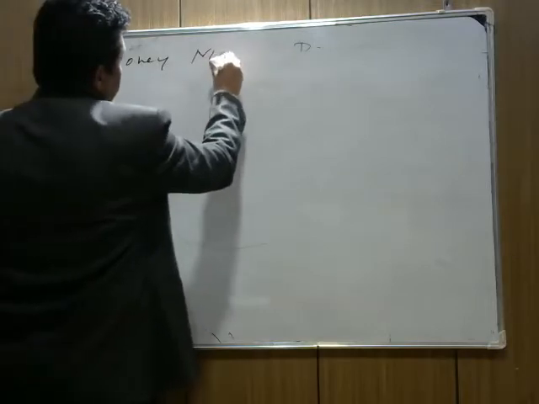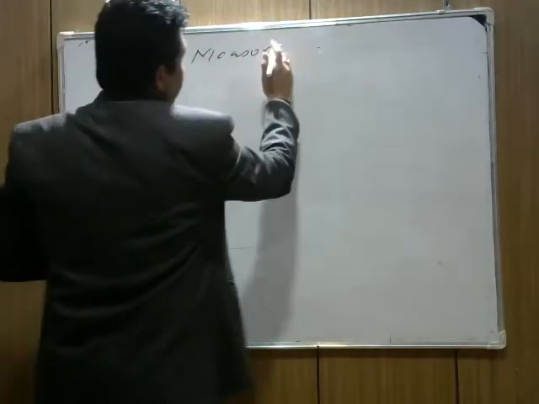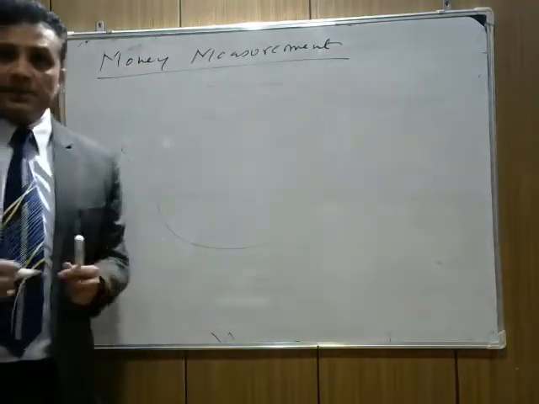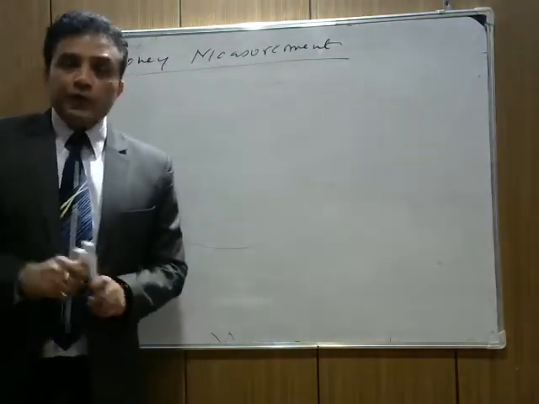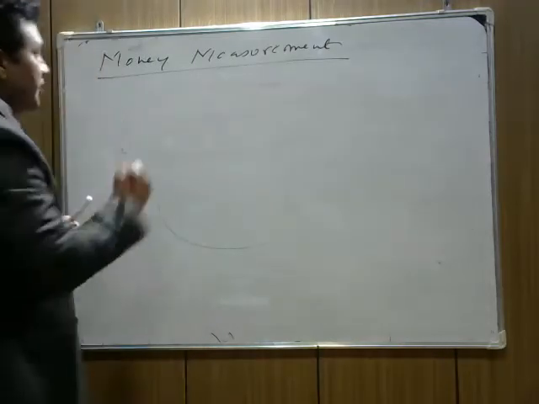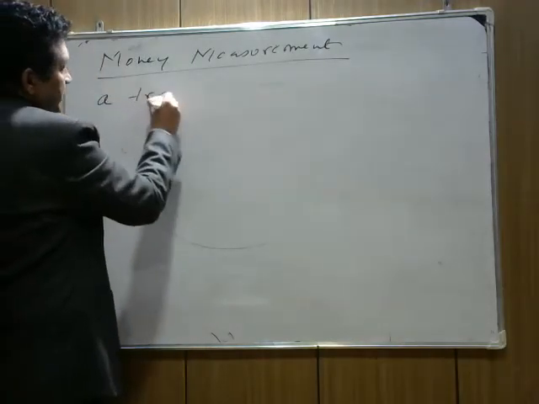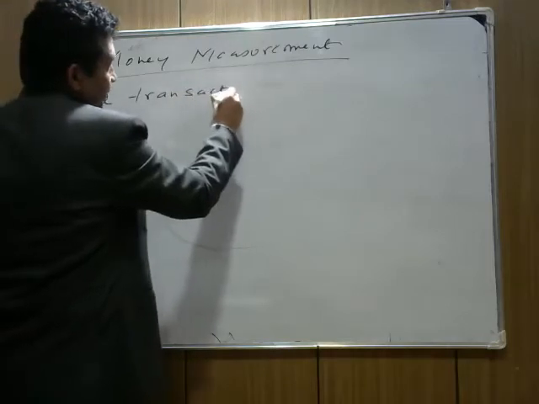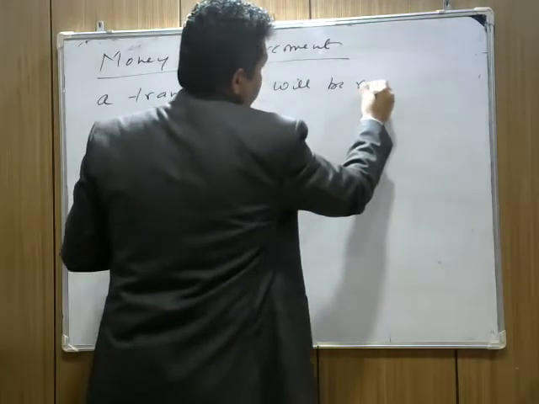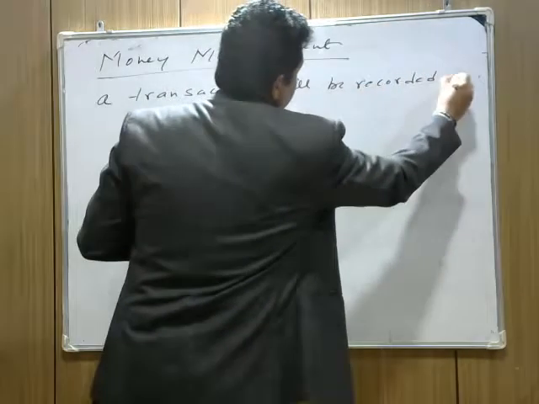So this principle, money measurement, says that those transactions can be recorded in the books of account which have some monetary value. Okay, I hope it's clear. Money measurement. Now note down.